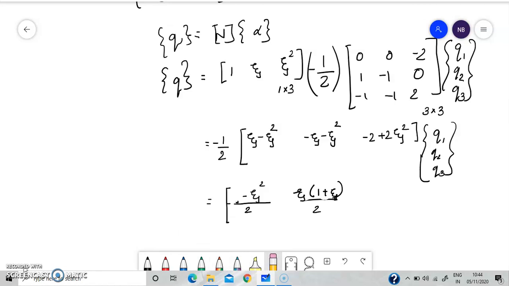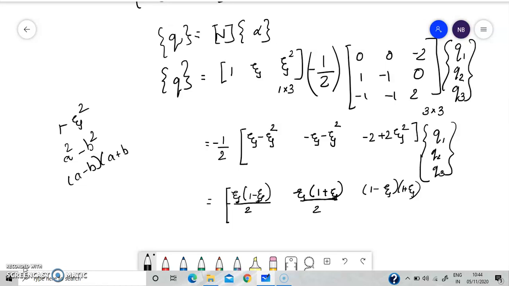Similarly, this here would be 1 minus zeta, and this would be 1 minus zeta square. 1 minus zeta square is of the form a square minus b square, which can be written as a minus b into a plus b, so 1 minus zeta into 1 plus zeta, into q1, q2, q3.